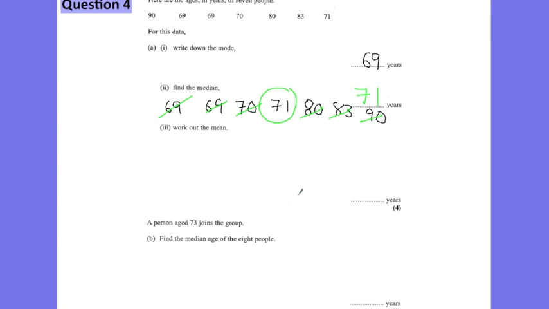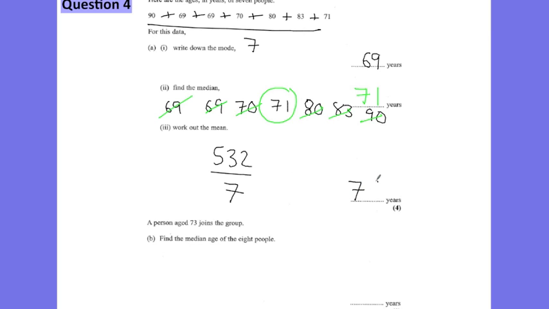We're then asked to work out the mean. To work out the mean, we are going to add up all of these 7 numbers and divide by 7. Adding up all of those, we get 532. Dividing through by 7, we get 76 years. We're then told that a person aged 73 joins the group.